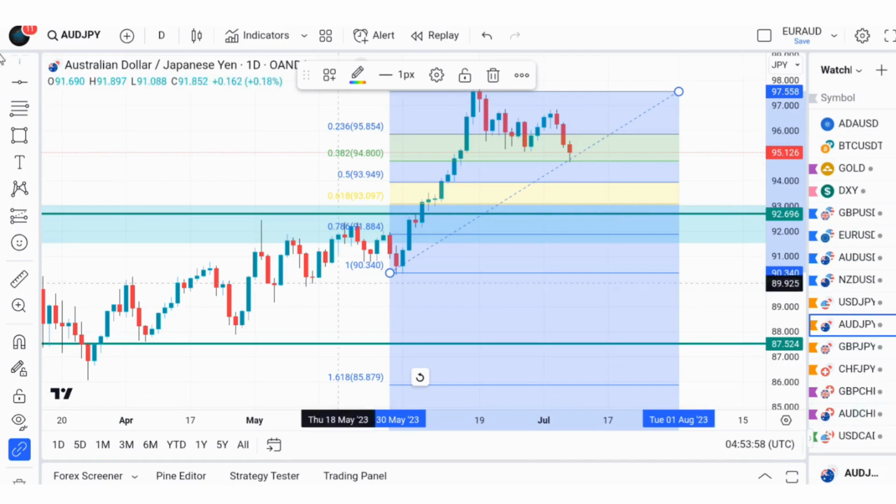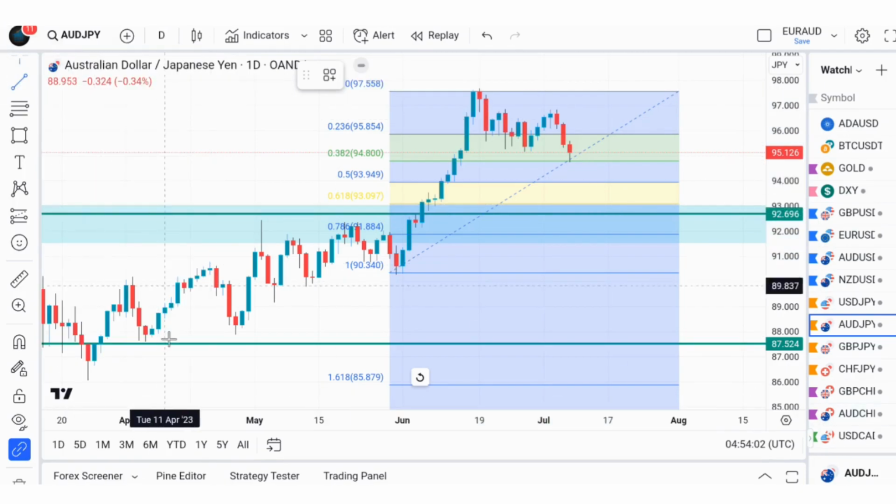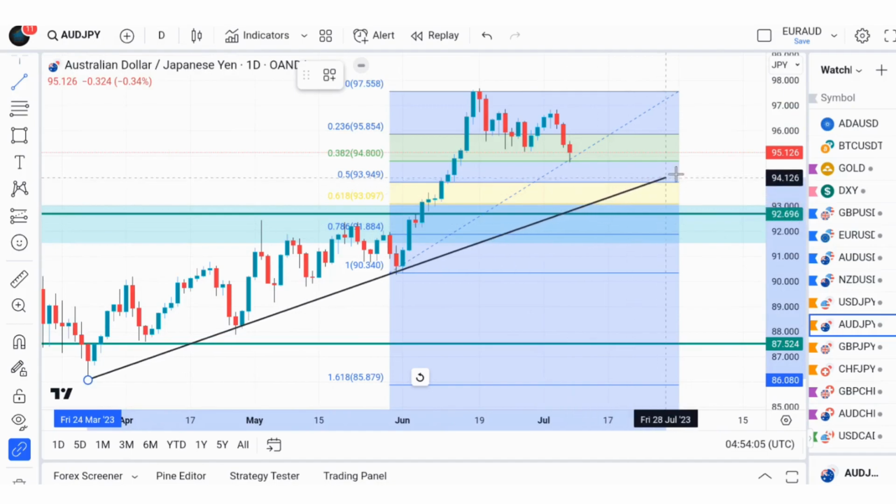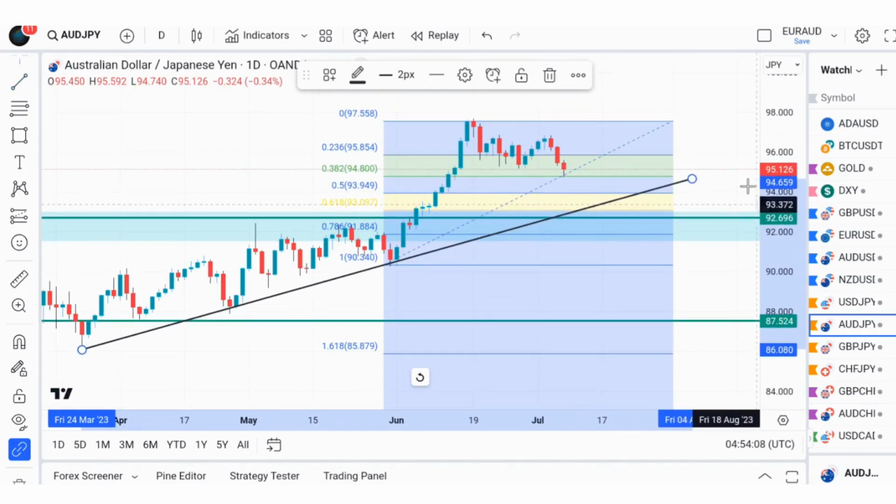So let's see how it goes, and then actually might use the trend line to determine where the retracement might be over right here.